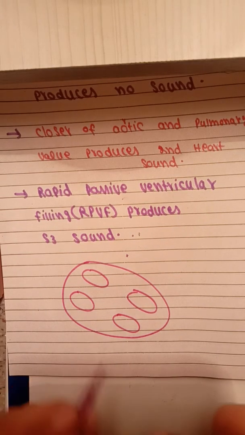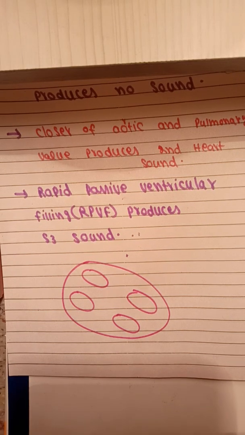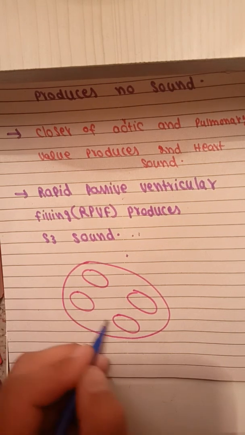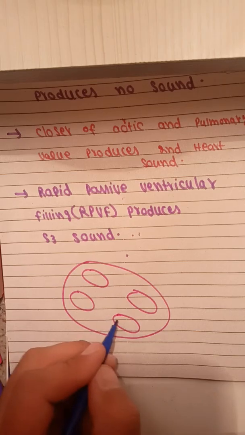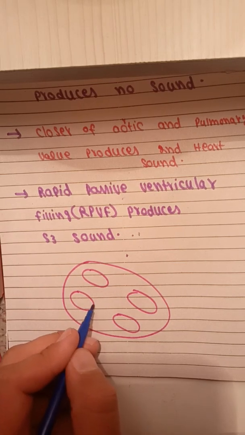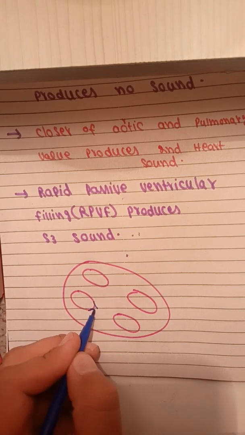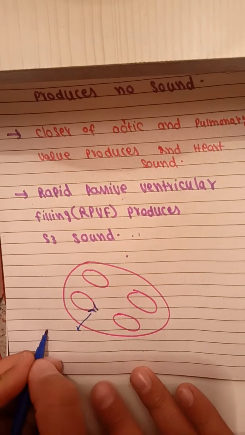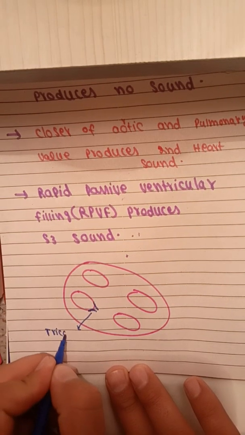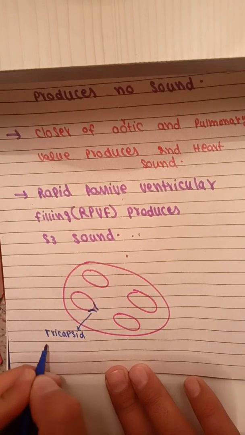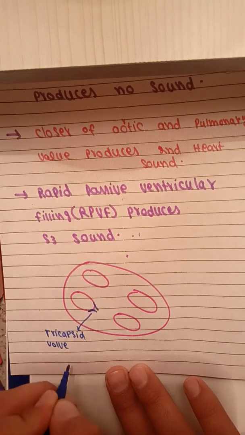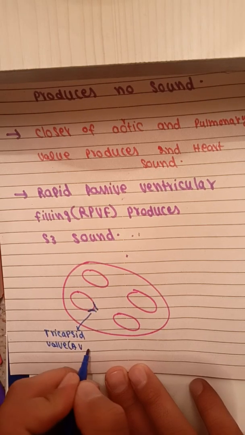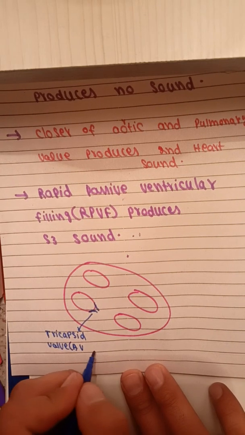Okay, here we are going to talk about some valves. We have drawn them very far from one another, but actually they are not so far. Let's consider this is the valve. This is called the tricuspid valve. This is the AV valve, AV meaning between atrium and ventricle.